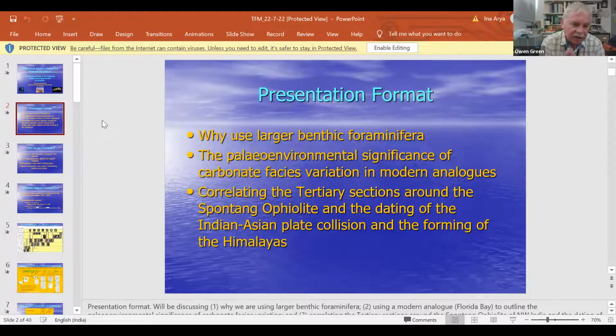And I'm going to use a modern analog that I've worked on. And then I'm going to take us through the correlating of the Tertiary sections that Mike mentioned last week, which are around the Spontang ophiolite. And then we're going to show how we can use these for dating India-Asia plate collision and, of course, the forming of the Himalayas. Okay, next slide, please.